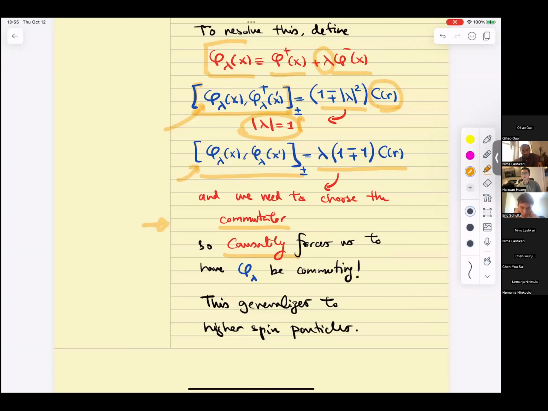There's a fully general theorem you could read about in Weinberg, but the punchline is this, and I went through this pretty fast: if you pick your scalar fields to be fermionic, you will end up with commutators outside of the light cone, which is a violation of causality.